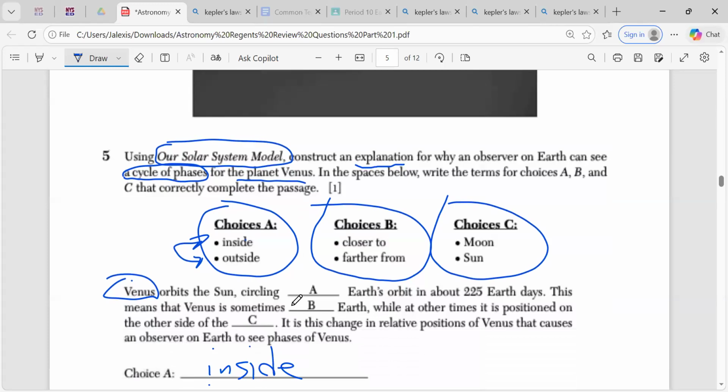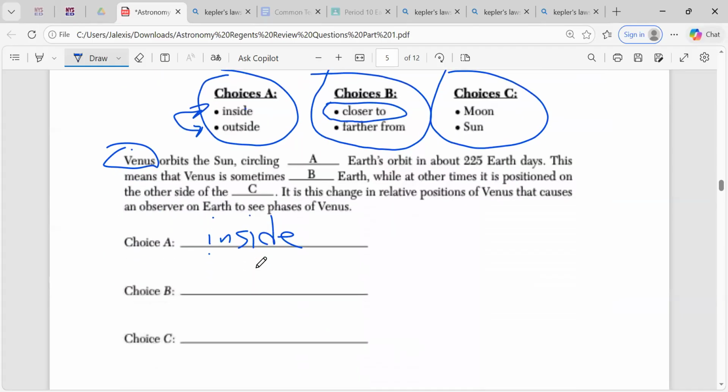For us to make sense of it, we need Venus to be closer to see the cycle of phases, not farther from Earth. If it's too far from Earth, we're not going to see it. And at other times, it's positioned on the other side of the moon, or the sun.